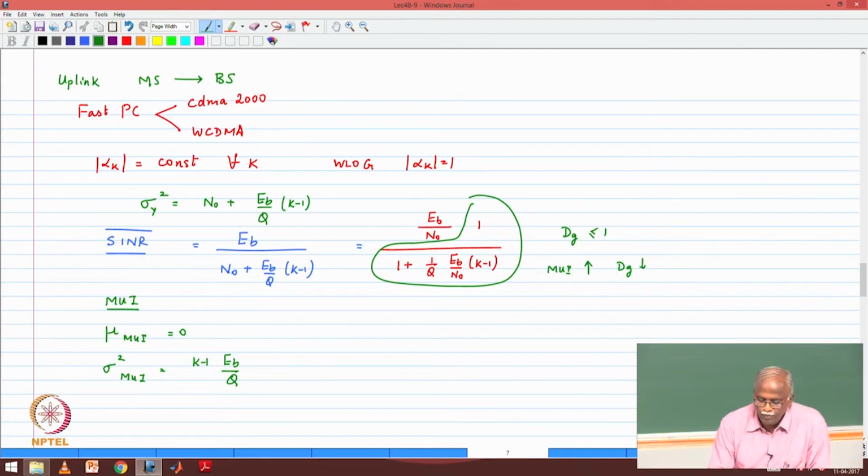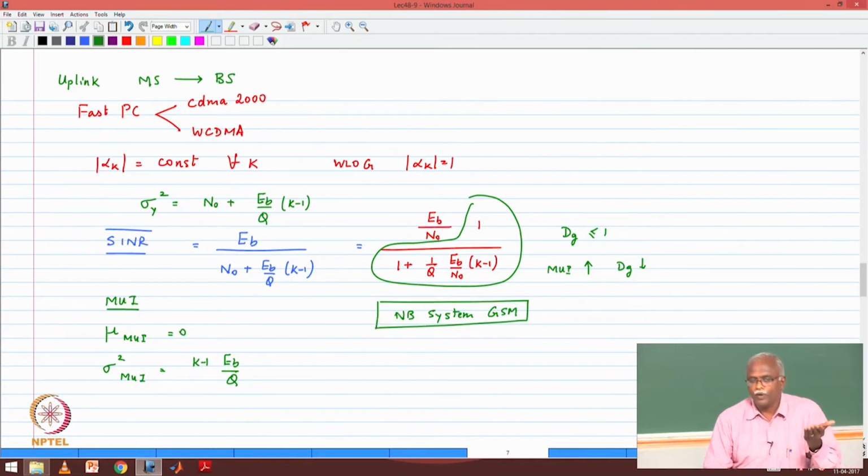Now, a couple of points to set the context very clearly. Compare this with a narrowband system such as GSM. What can you tell me about the interference that you will see in a GSM system?